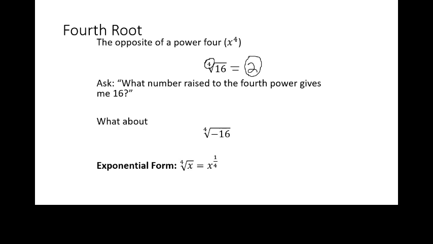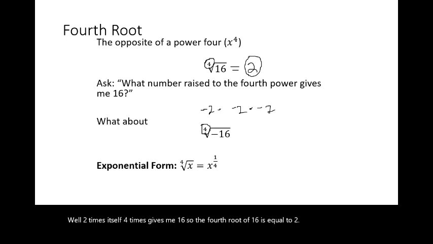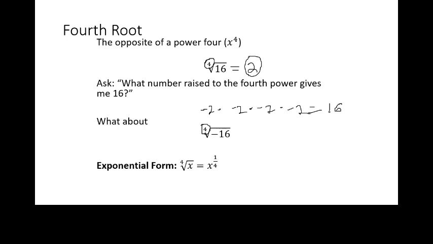Now, what about the fourth root of negative 16? You would be asking yourself, what number times itself 4 times gives me negative 16? Well, even if you take negative 2 and multiply it by itself 4 times, you will still get positive 16. So there is no number that times itself an even number of times gives you a negative number.